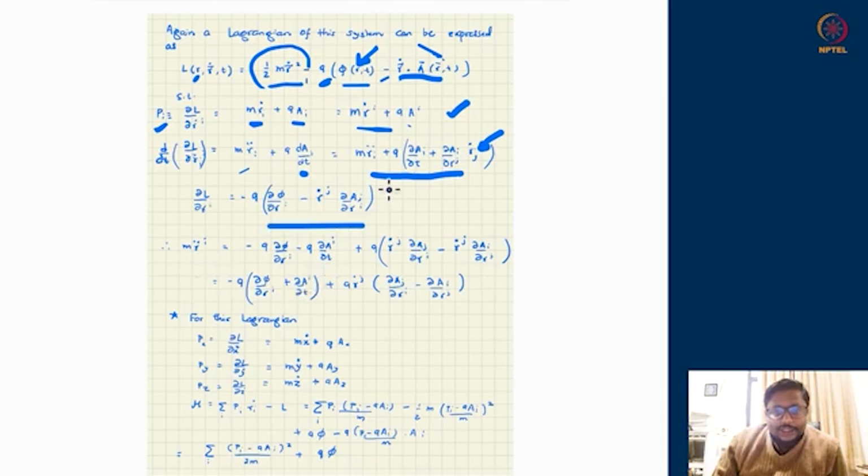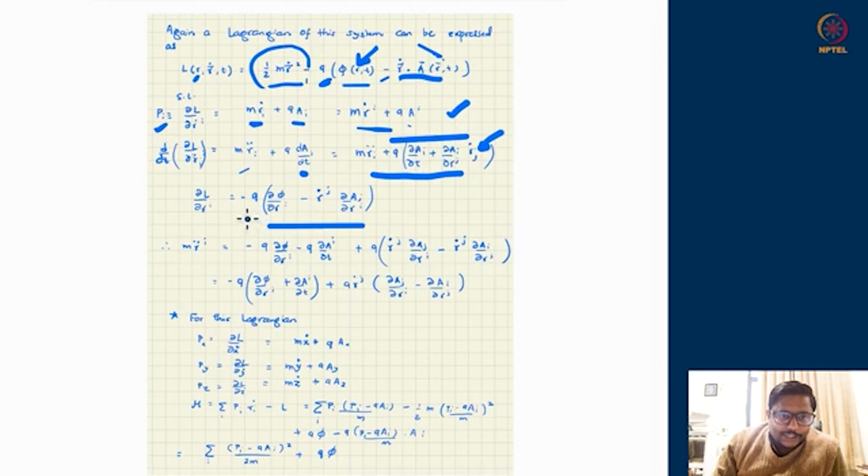And overall, what I can do is take the extra term from the left hand side, which is Q times del Ai upon del t plus del Ai upon del Rj times Rj dot, to the right hand side. So I see there is a certain structure which appears in the Lagrangian equation of motion.